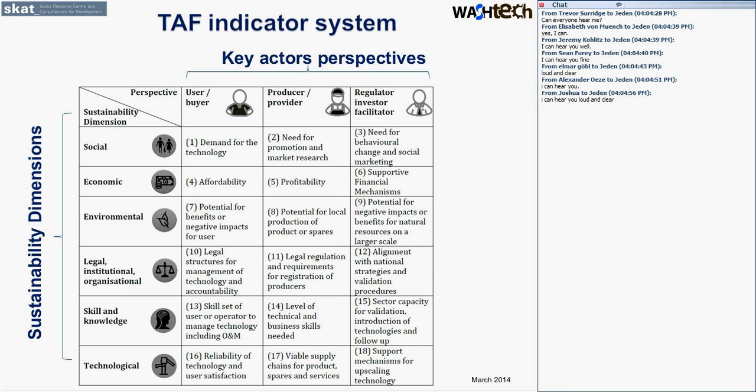By using this indicator system and the participatory process, the TAF assures that the sustainability issues concerning the introduction of this technology in a particular context are addressed from the perspectives of the key actors. And additionally, by this process, all these issues perceived are shared within all participants, because all participants participate in the workshop and in the field visit. They're exposed to these issues.